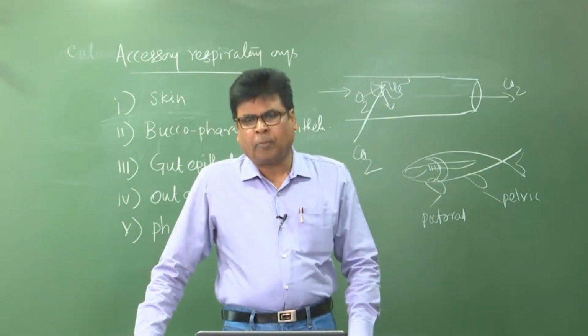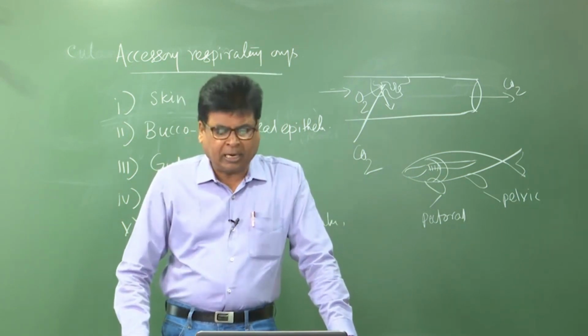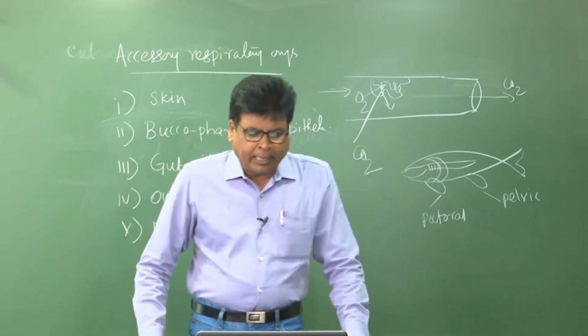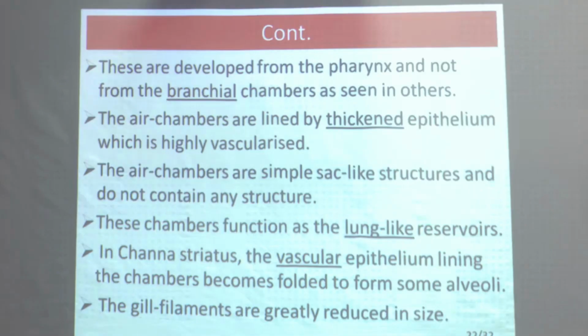These are developed from the pharynx and not from the branchial chambers seen in others. I have given the picture here. Okay. The air chambers are lined by thickened epithelium which is highly vascularized. The air chambers are simple sac-like structures and do not contain any other structure.